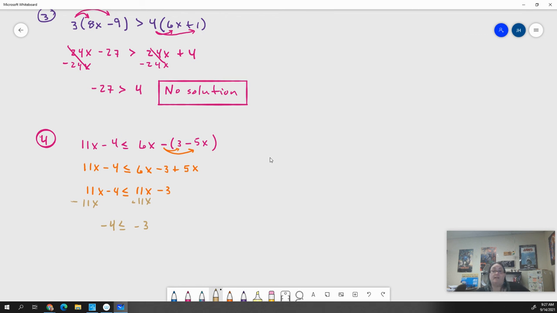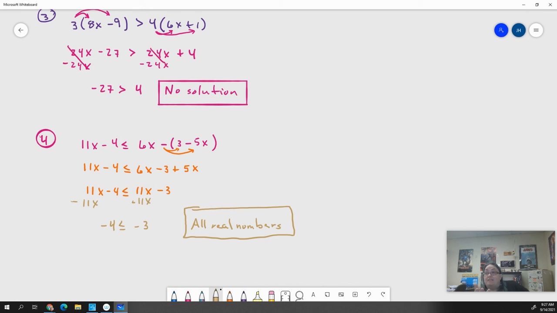This is a true statement, right? Negative 4 is less than negative 3. If the statement is true, your solution is all real numbers. What that means is that anything that we put in for x will make this statement true, right?